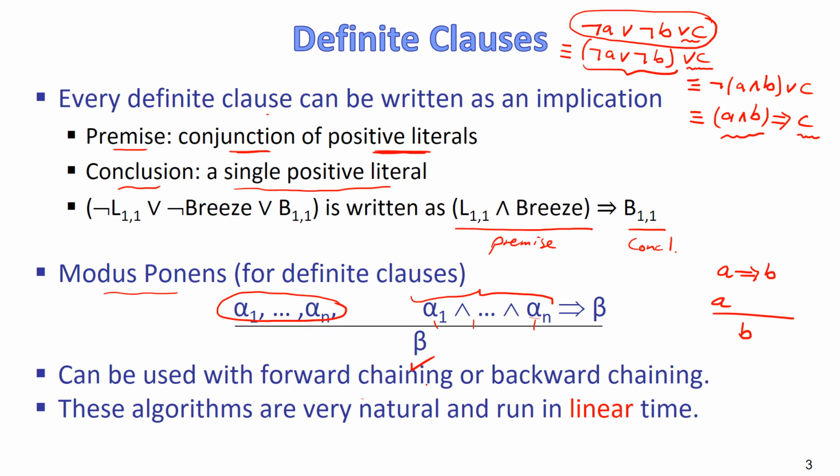For example, if I have a rule like: if today is Sunday and it is 6:30 a.m., then I should wake up, to prepare for the class, for example. So things like that.